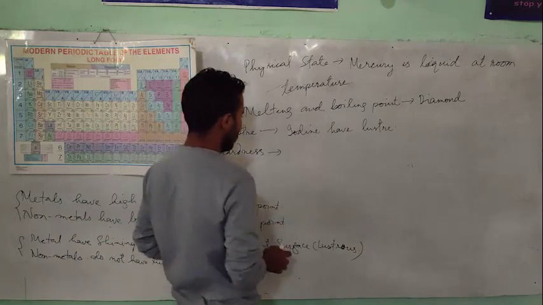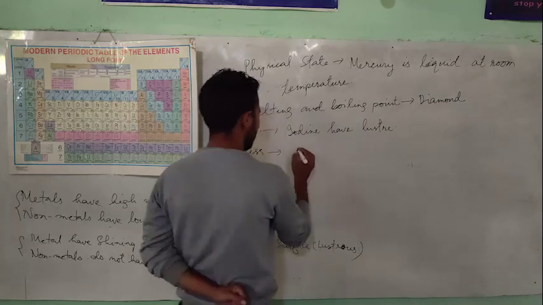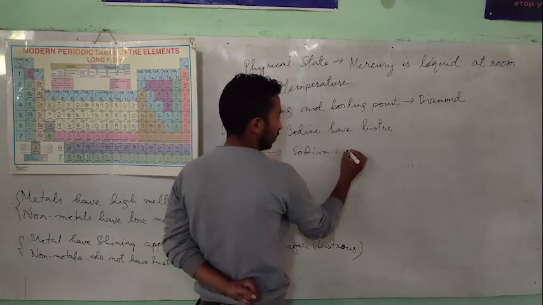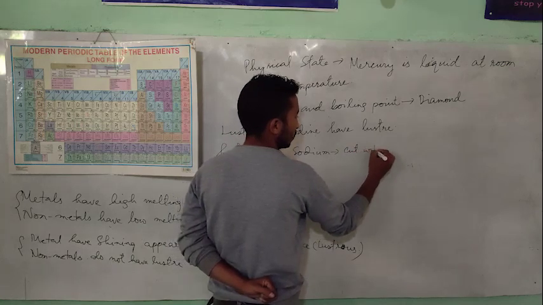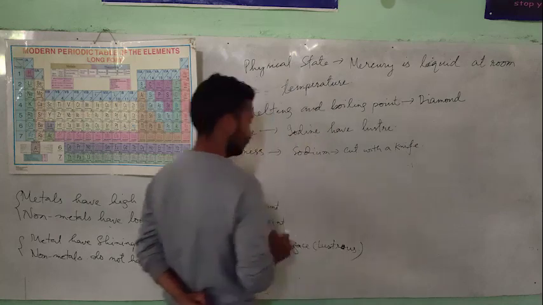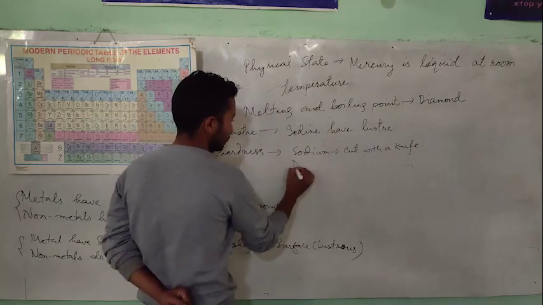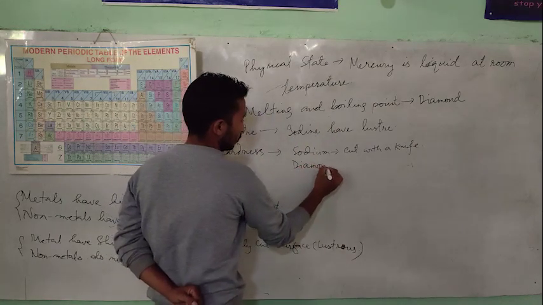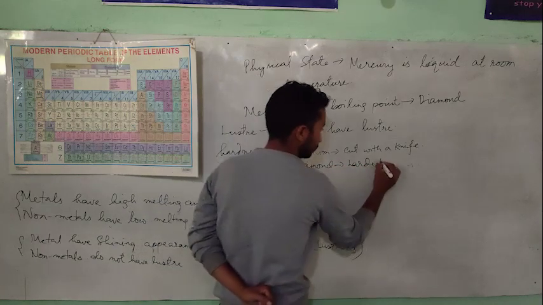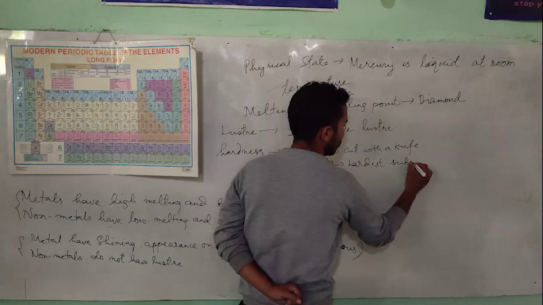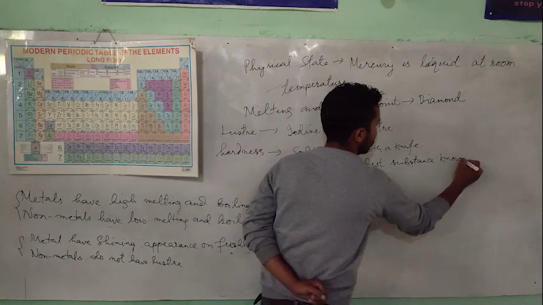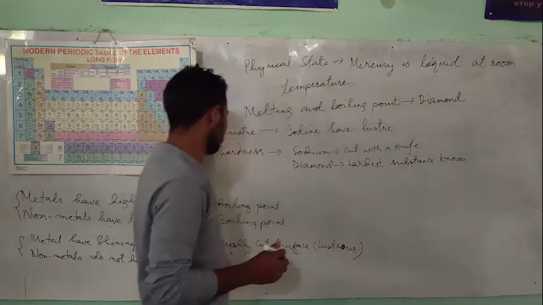But when we see hardness, there are some metals like sodium which can be cut with a knife, and we have diamond, which is the hardest substance known.